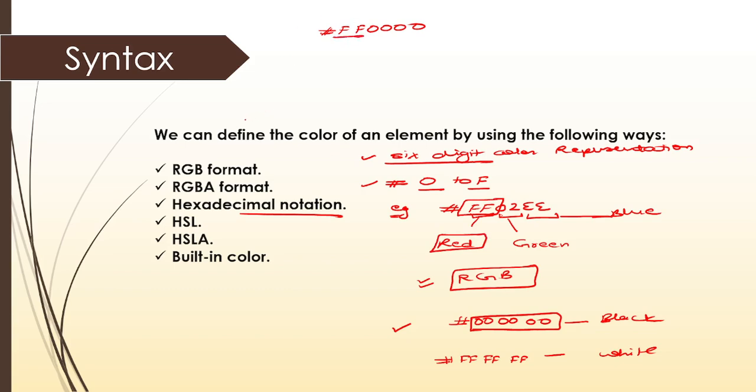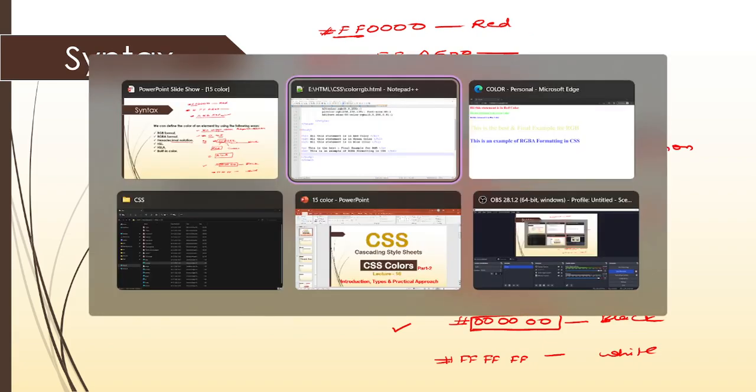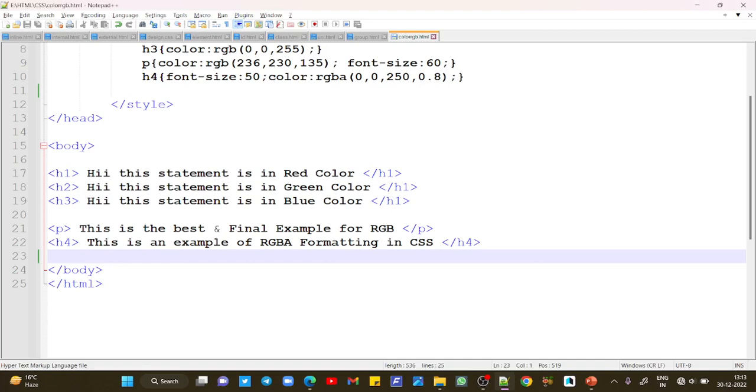For orange, you can write hash FFA500. You can try these. And for brown, you can write hash A52A2A. There is no need to remember these codes. Now let's move to the practical part, where it will be easily clear to all of you.